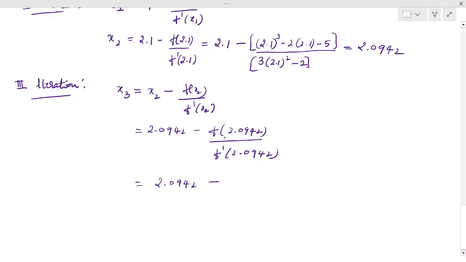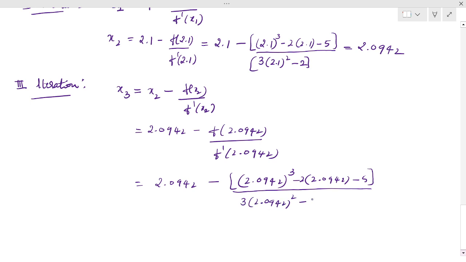Which is equal to 2.0942 minus, you know the f of x value, that is x cube: 2.0942 whole cube, minus 2 times 2.0942, minus 5, divided by f dash, 3 times 2.0942 whole square, minus 2.